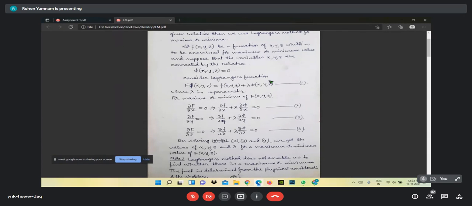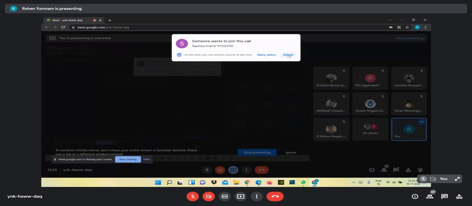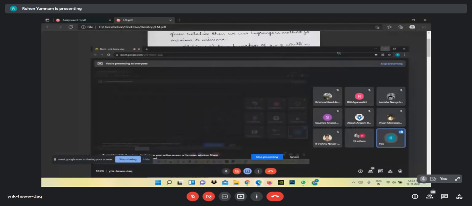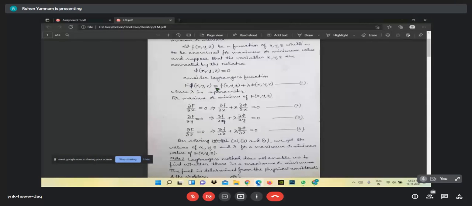See, you do partial differentiation here. Partial differentiation is what? Here we have 3 variables x, y, z.